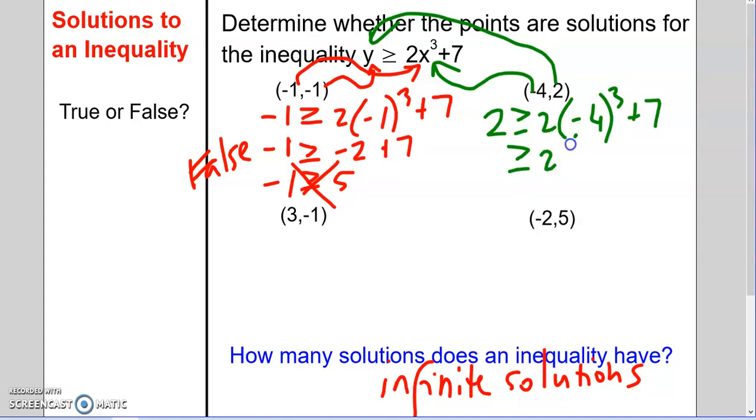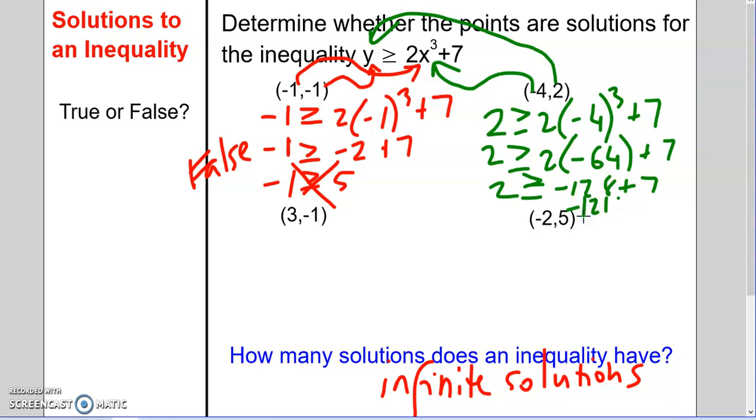So this is 2 times -64 plus 7, and that is -128 plus 7, which is a large negative number, -121. So 2 is greater than -121.